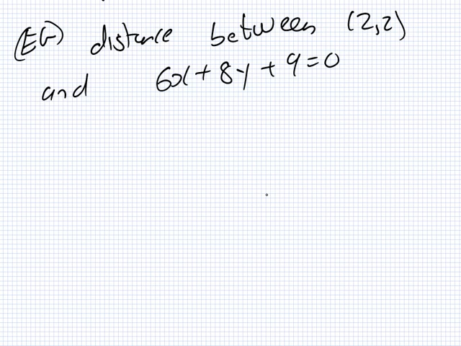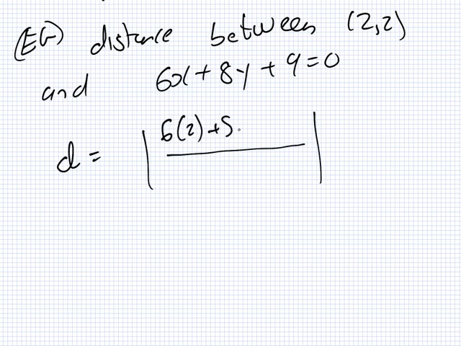So again, using the formula, it's absolute, on the top it's ax1 plus by1 plus c over square root a squared plus b squared.